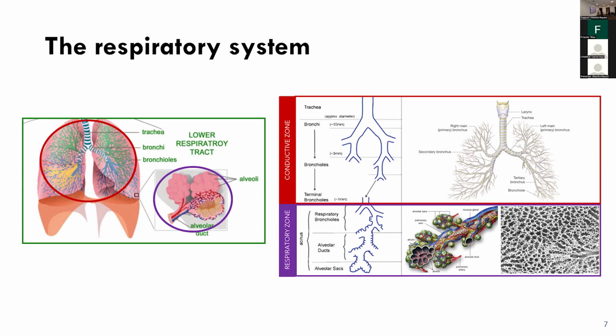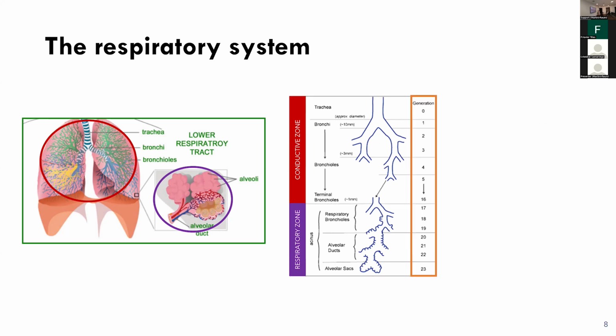The middle part goes from the trachea to the terminal bronchioles, and it is typically called the conductive zone. And the distal part, as you could see in my previous talk, is called the respiratory zone, and it is formed by respiratory bronchioles or alveolar ducts, also called, and alveolar sacs that I showed you.